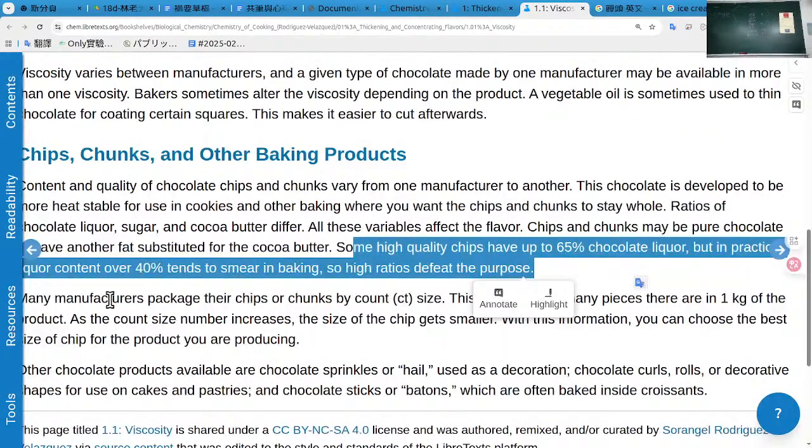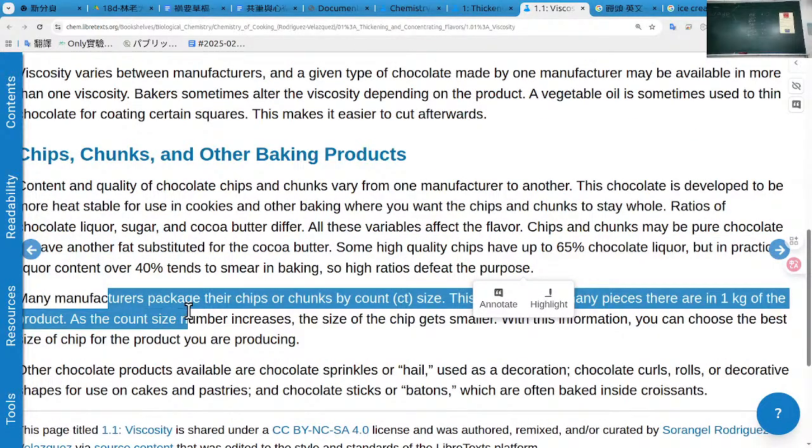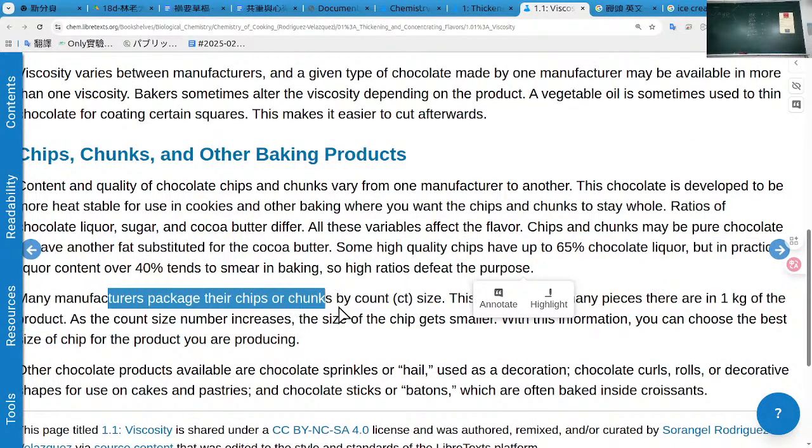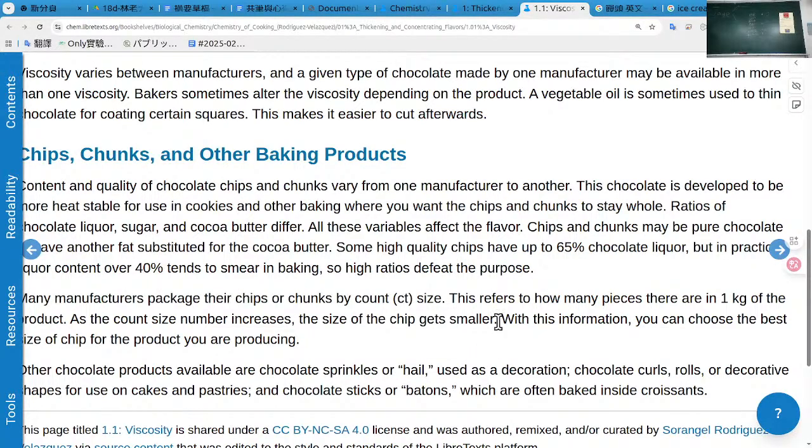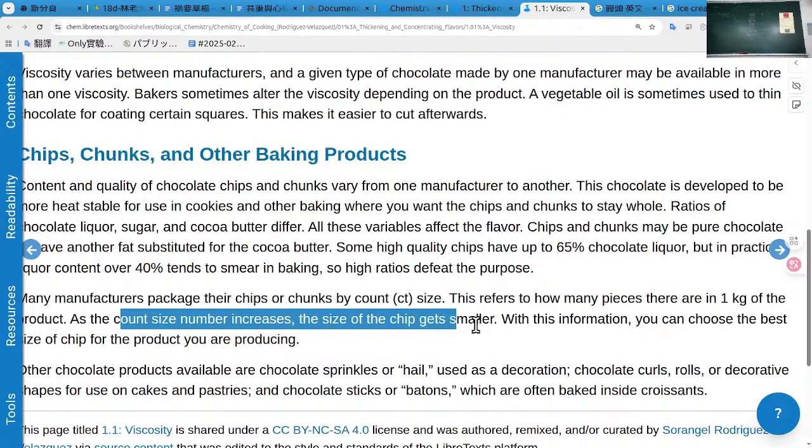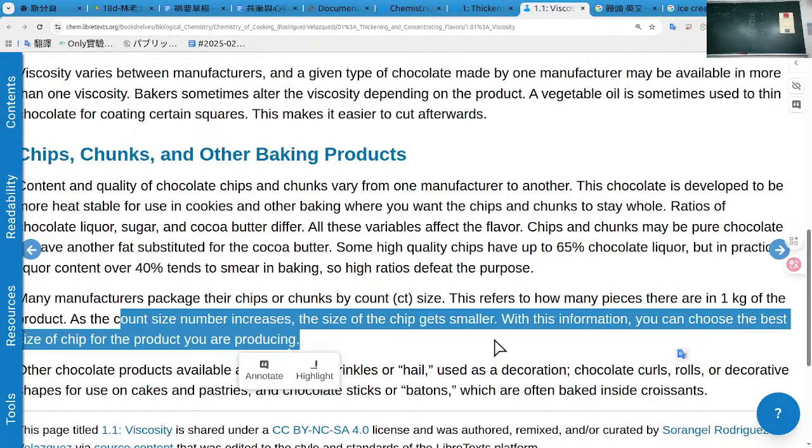Many manufacturers package their chips or chunks by count size, which refers to how many pieces there are in 1 gram of the product. As the count size number increases, the size of the chip gets smaller. With this information, you can choose the best chip size for the product you are producing.